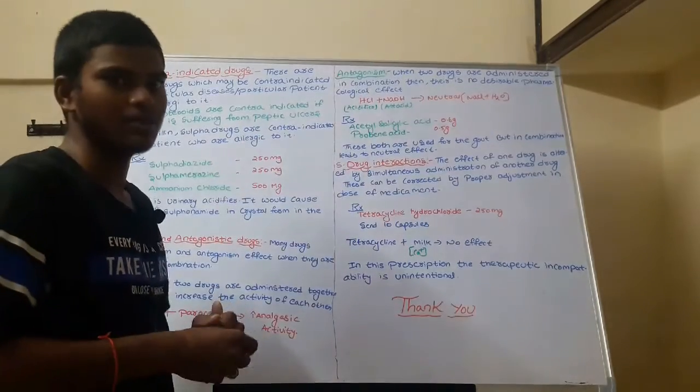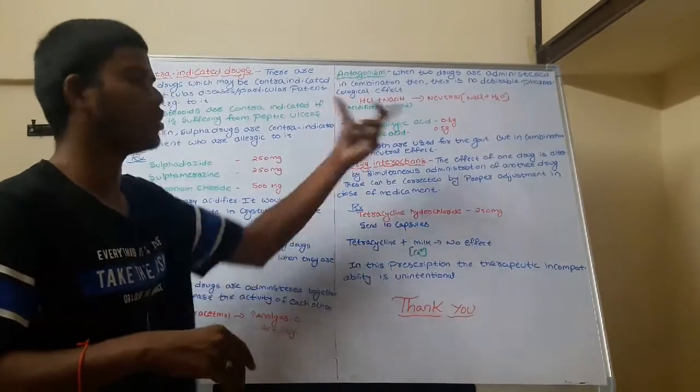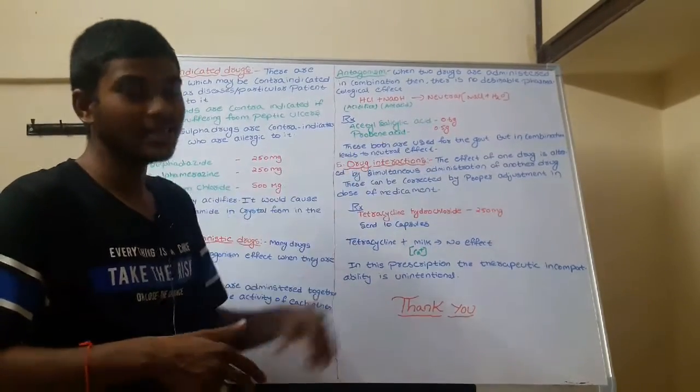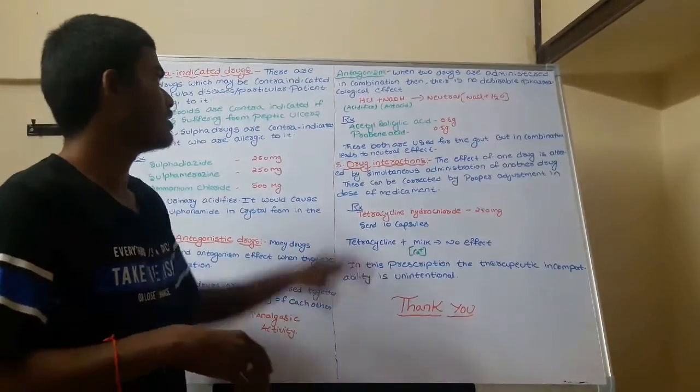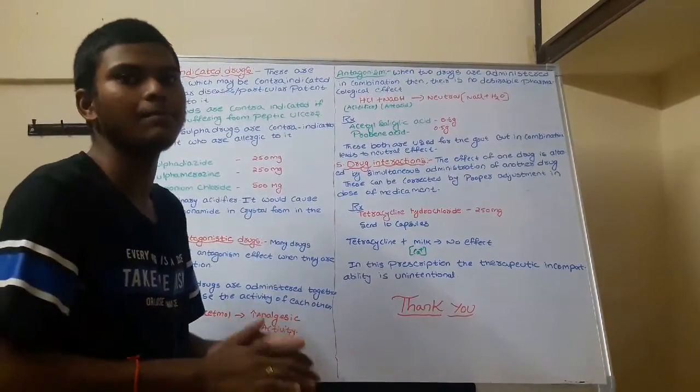Here we will see an example of a prescription. Acetylsalicylic acid 0.6 grams and probenecid 0.5 grams. Both medicaments are used for the treatment of gout.